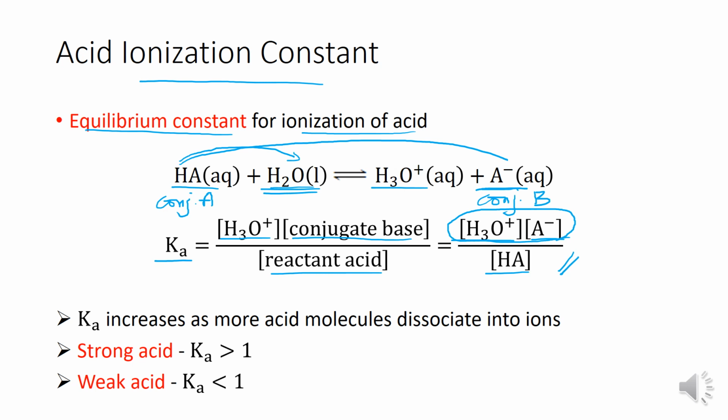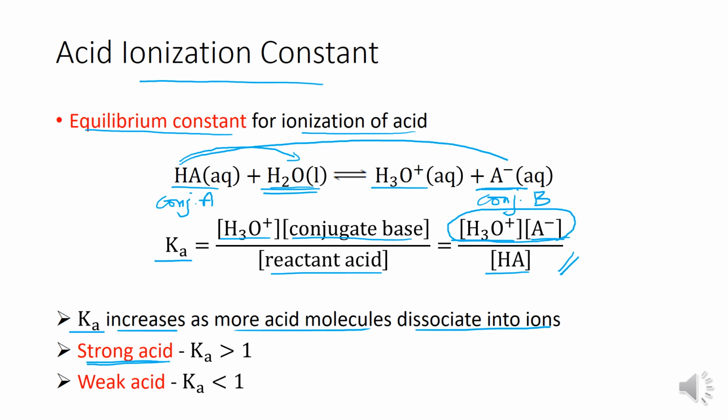Therefore, the acid ionization constant increases when more acid molecules dissociate into ions. Now we know that strong acids are better at dissociating into ions, right?